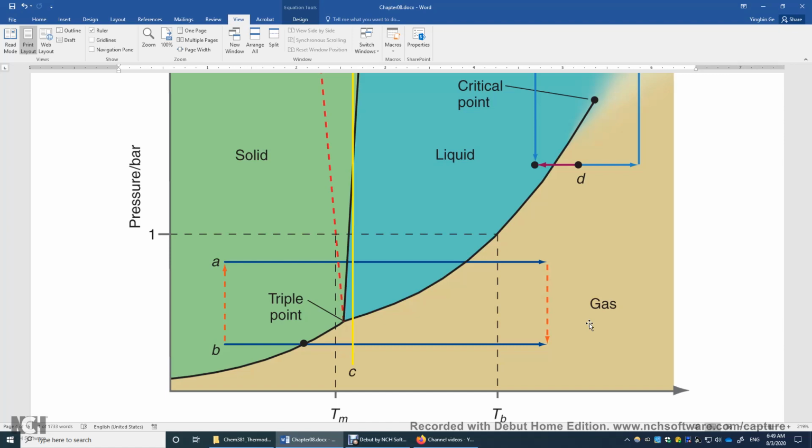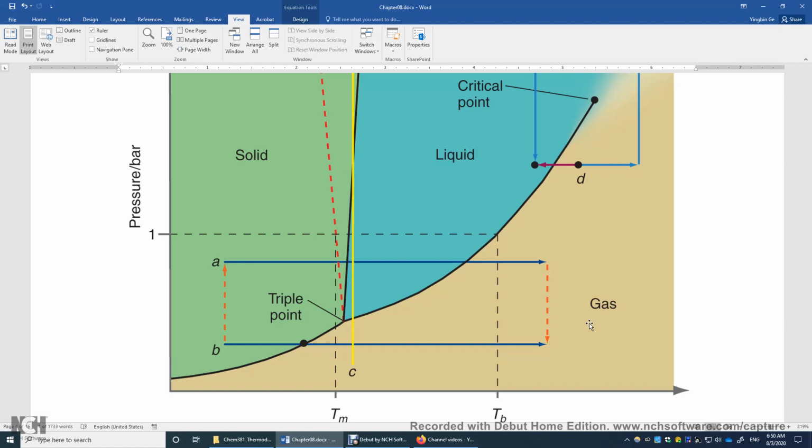On the contrary, for solid and liquid, if you increase the pressure from 1 bar to 2 bar, because of their small molar volume, usually it's just, let's say, 20 milliliters per mole. If you use 20 milliliters per mole times the pressure change of 1 bar, the resulting chemical potential increase is only 2 joule per mole, or 0.002 kilojoule per mole.